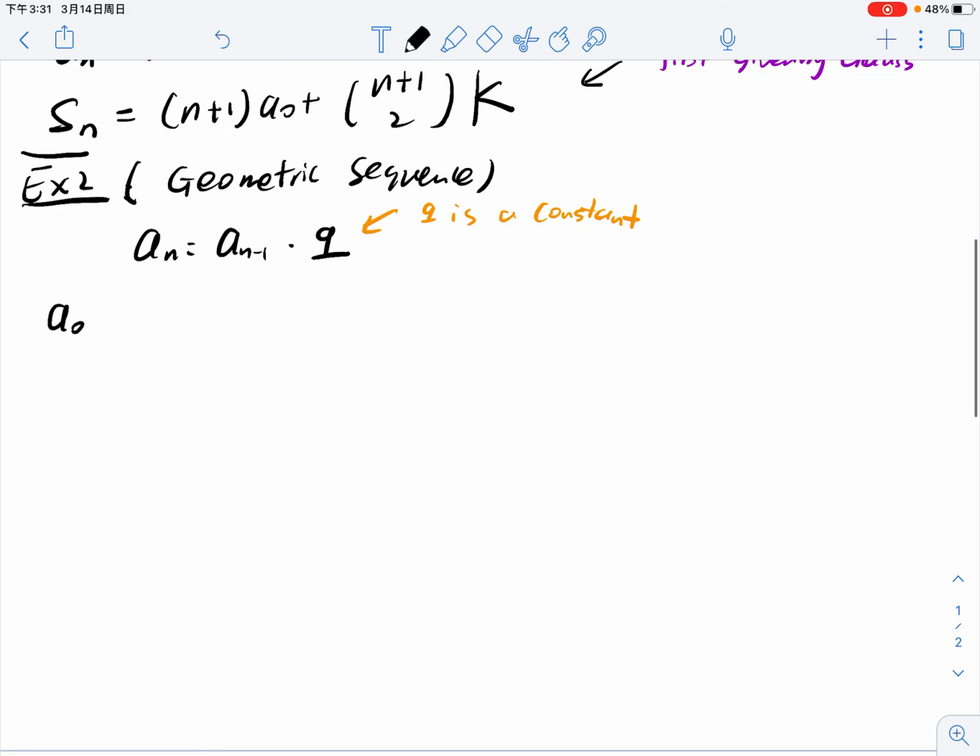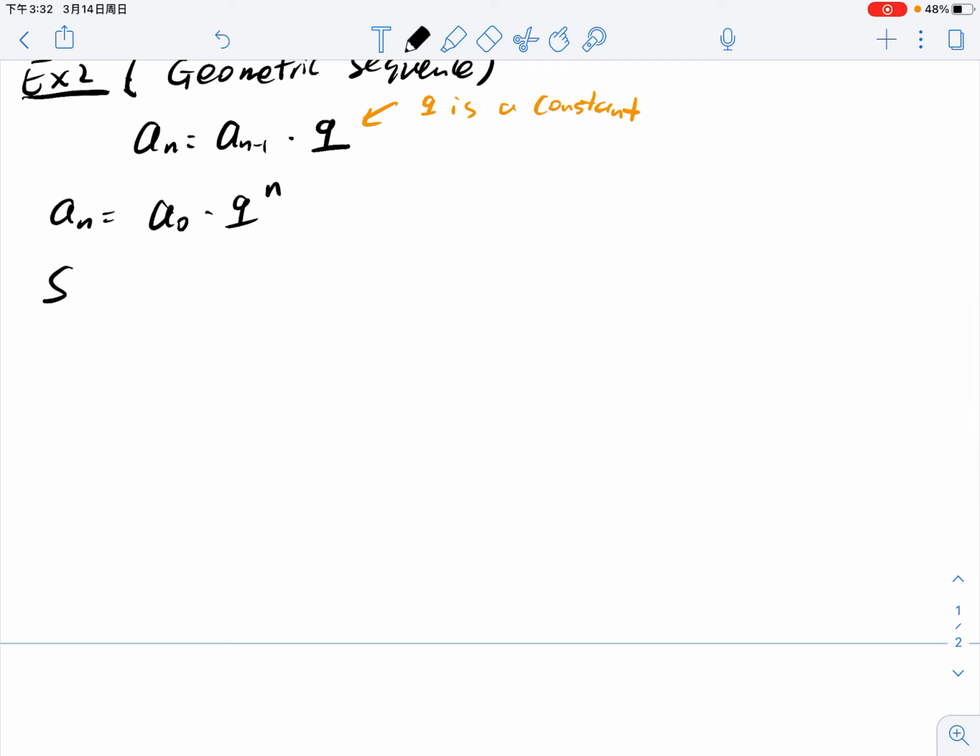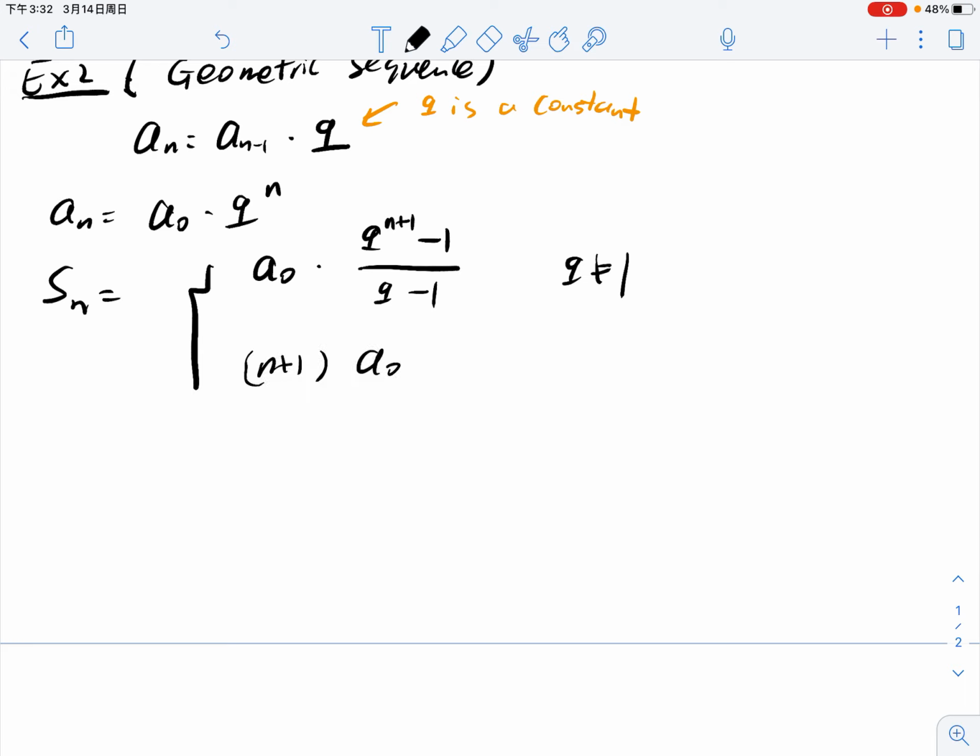The general formula for An is A0 times Q to the n. And Sn is A0 times Q to the n plus 1 minus 1, divided by Q minus 1, when Q is different from 1. And when Q is 1, you just get n plus 1 times A0.